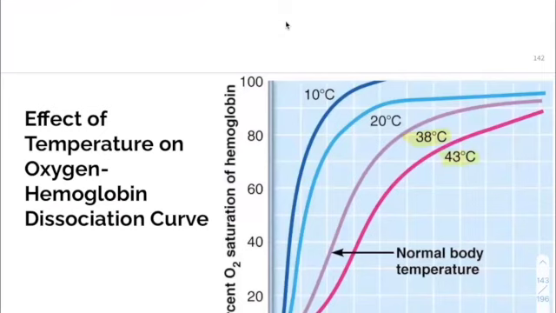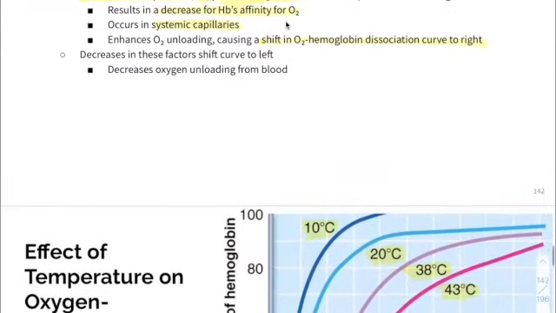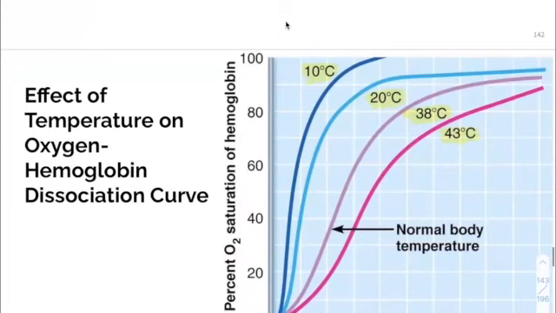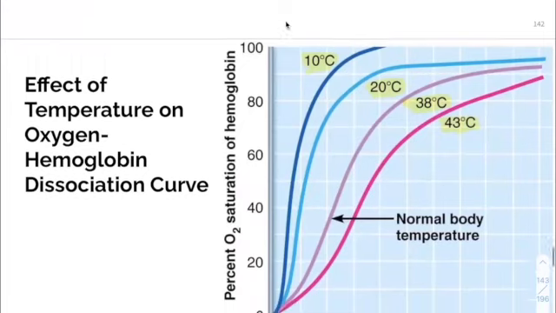At 43 degrees Celsius, it decreases affinity because that's above your body temperature. At 20 degrees Celsius, it increases that affinity for oxygen because it's colder. Even 10 degrees Celsius does the exact same thing. So temperature is a huge factor in this.